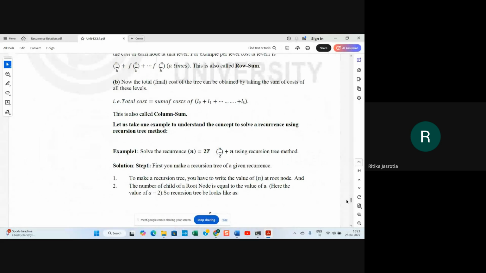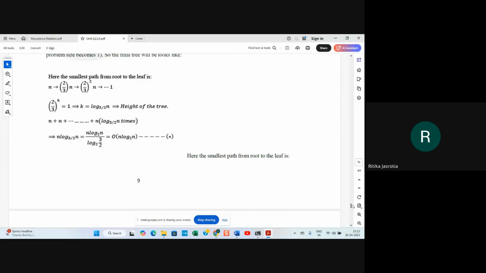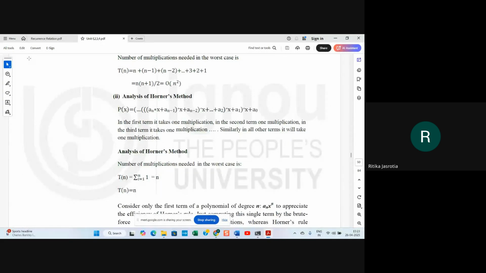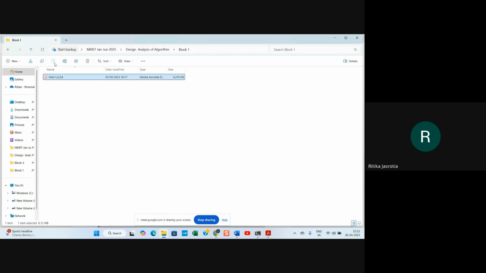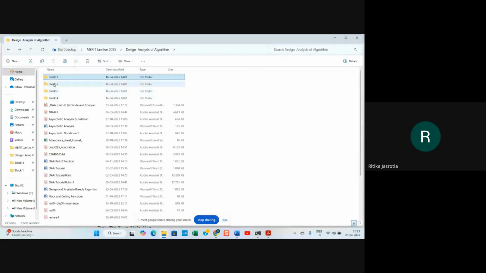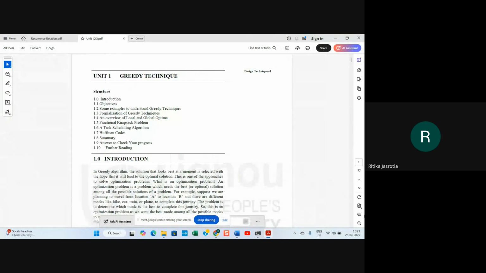So this is unit 4 of your block 1. So you can go through that, right? Next one is block 2. And block 2 is greedy techniques.